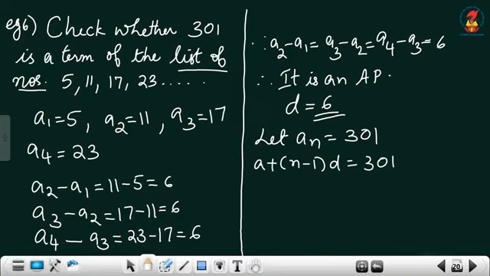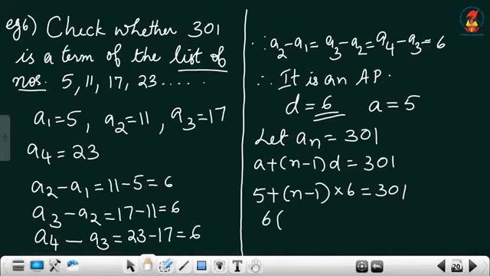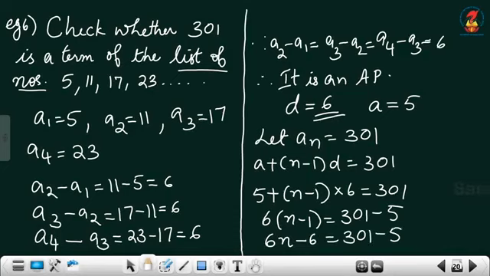Here A is equal to 5 because it is an AP. 5 plus N minus 1 into 6 is equal to 301. So 6 into N minus 1 is equal to 301 minus 5. So we can write 6n minus 6 is equal to 301 minus 5.